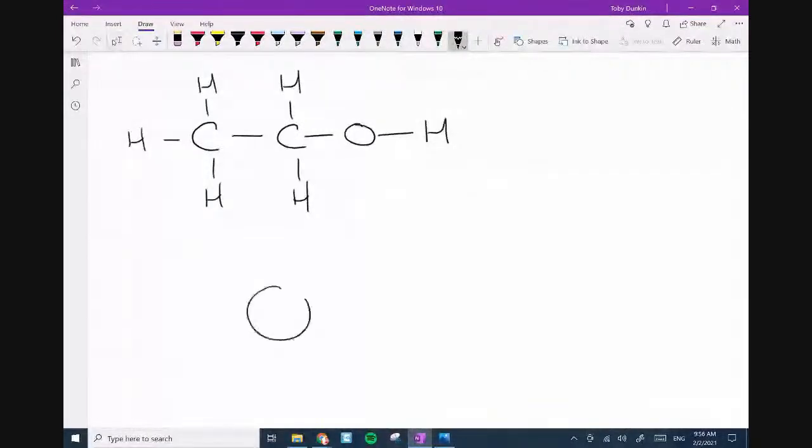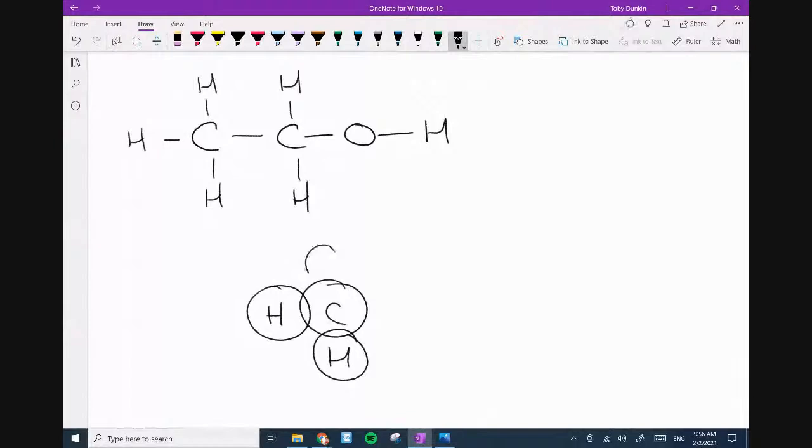Hydrogen. Carbon. Hydrogen. Hydrogen. Carbon. Hydrogen. Hydrogen. Oxygen. Hydrogen. Right, now I've put circles around everyone. Now the great thing is all of the sticks in this picture are single bonds.